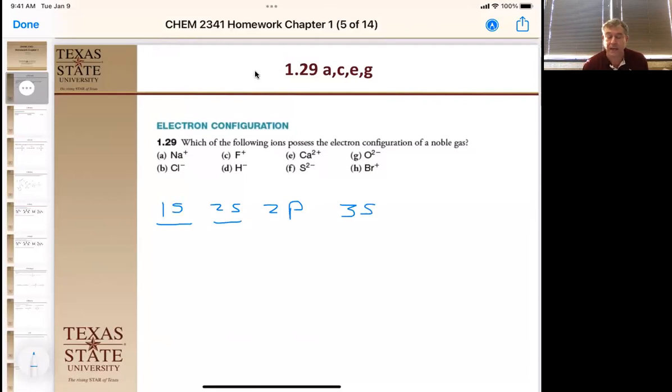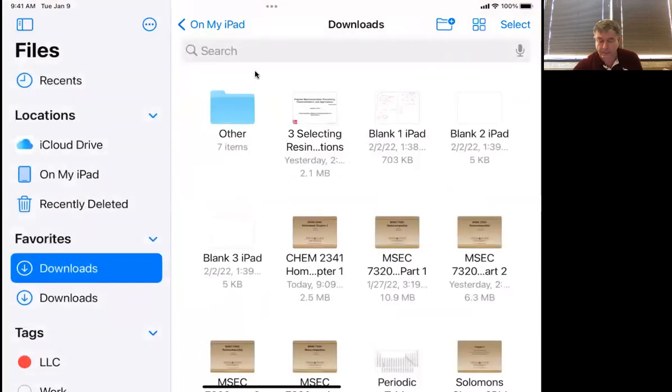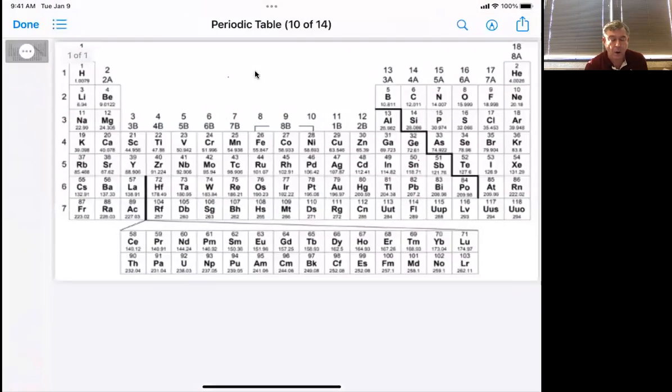In its neutral state, let me actually pull up a periodic table here. Sodium neutral would have a 1s, a 2s, a 2p, and a 3s. But we have a +1 on sodium.